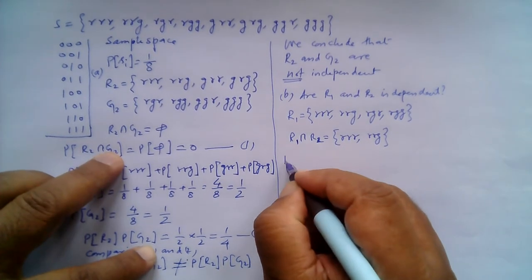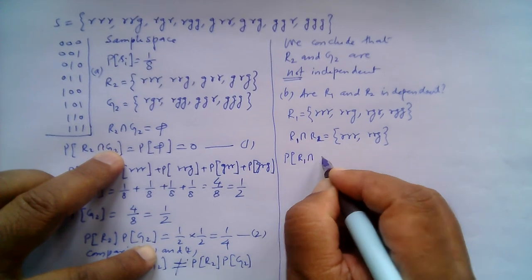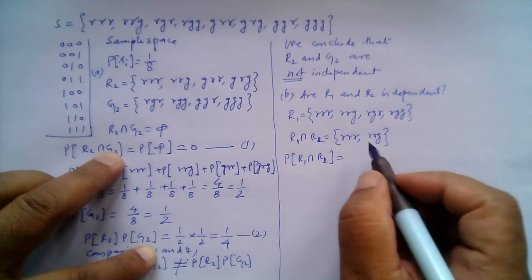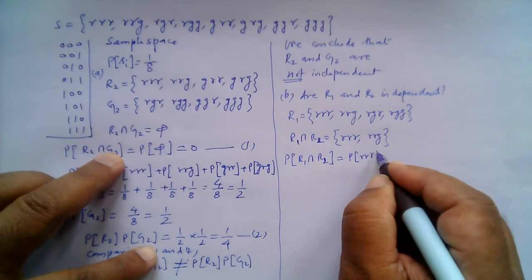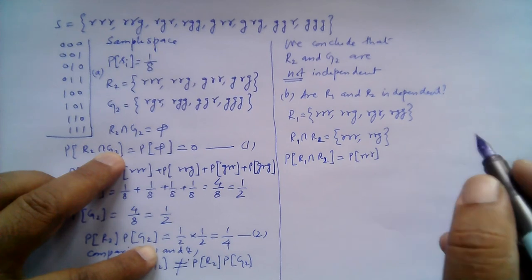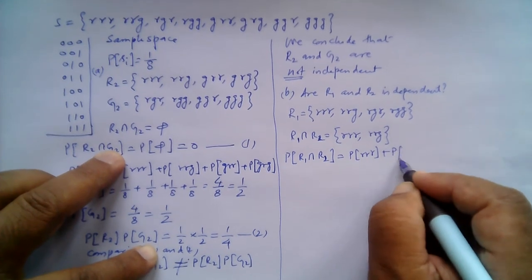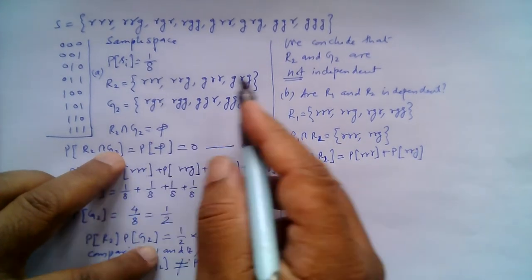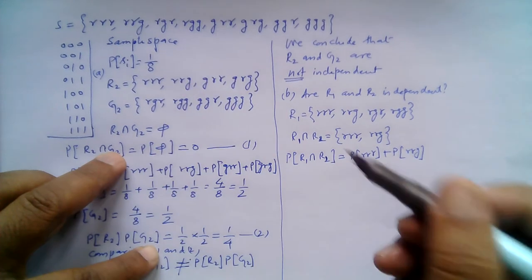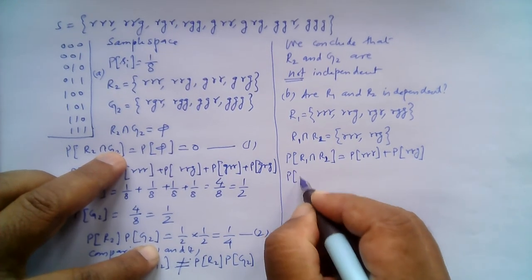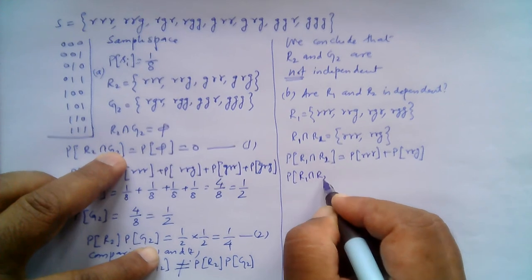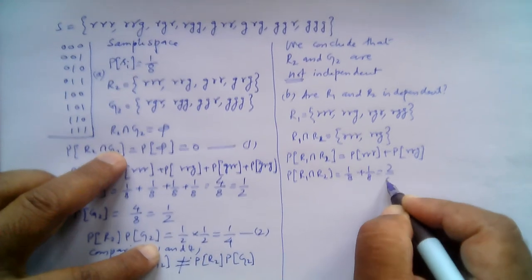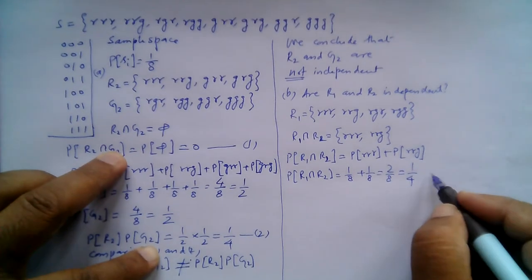So probability of R1 and R2 occurring together is equal to the probability of RRR plus probability of RRG, and this is 1 over 8, because these outcomes are equally likely and the probability of each outcome is 1 over 8. So the probability of R1 and R2 occurring together is 1 over 8 plus 1 over 8, that is 2 over 8, that is 1 over 4. Let's call this 3.